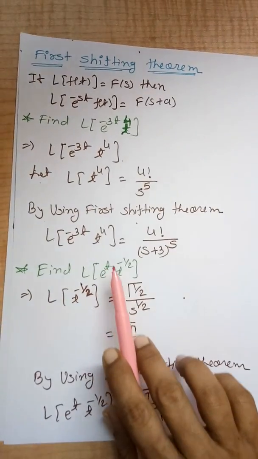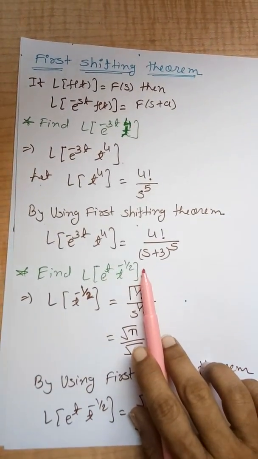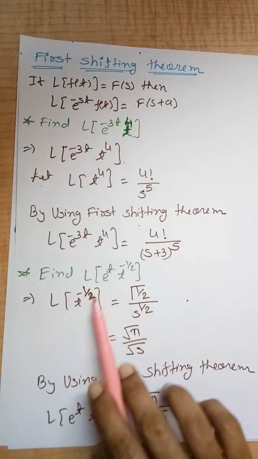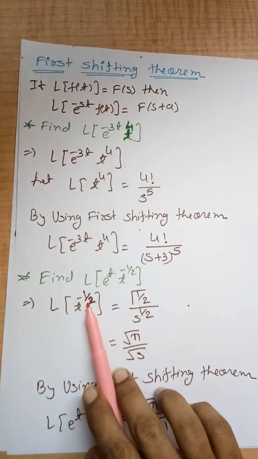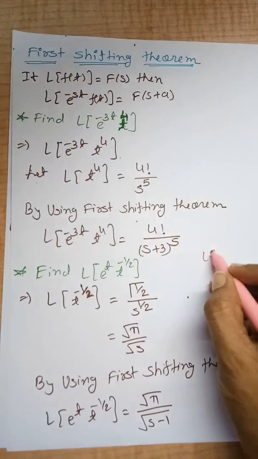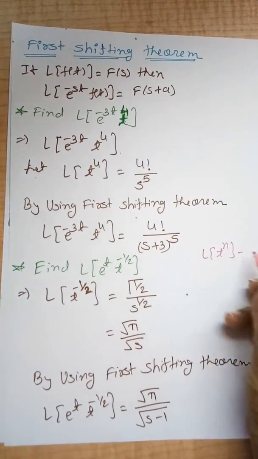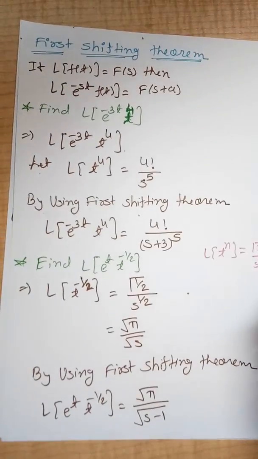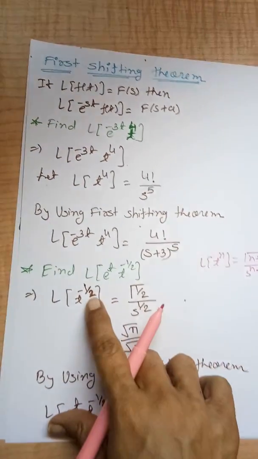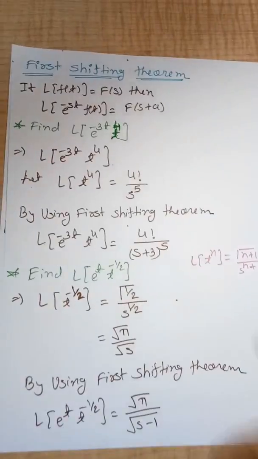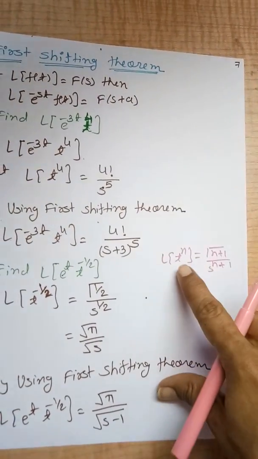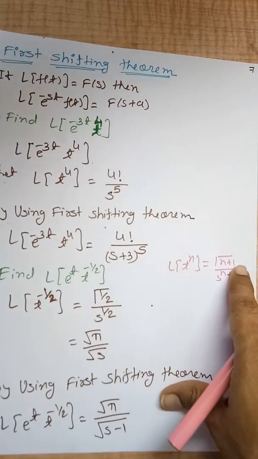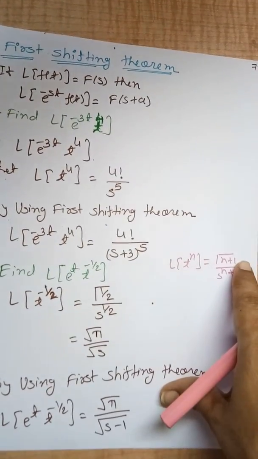Find the Laplace of e raised to t into t raised to minus 1/2. Here your n is a fraction, not a positive integer. So Laplace of t raised to n is gamma of n plus 1 upon s raised to n plus 1. Your n is minus 1/2, so minus 1/2 plus 1 is 1/2.